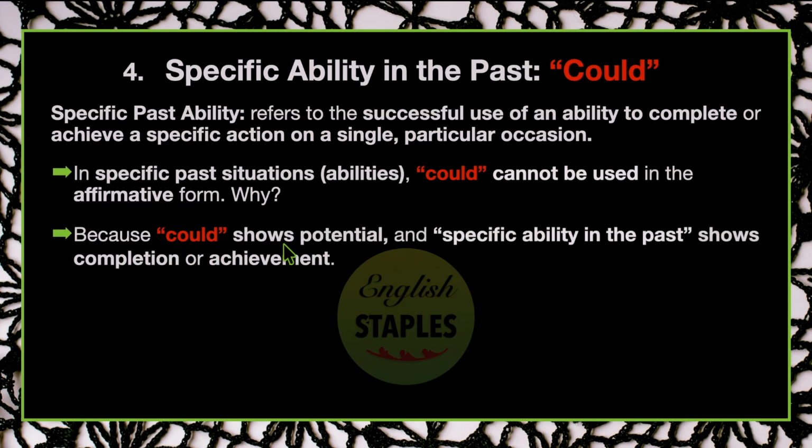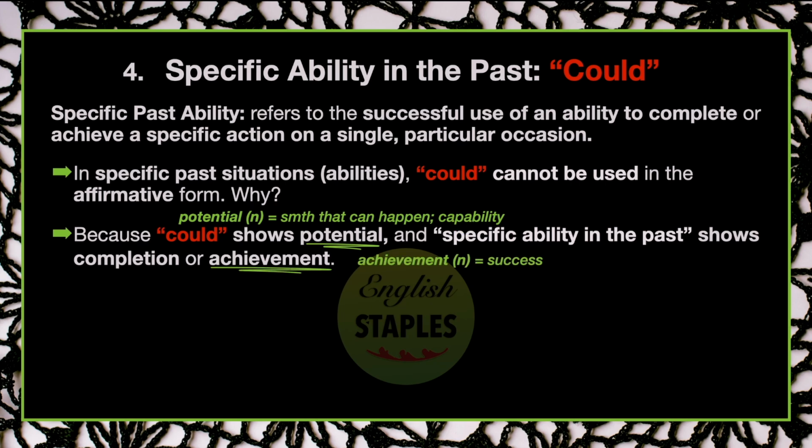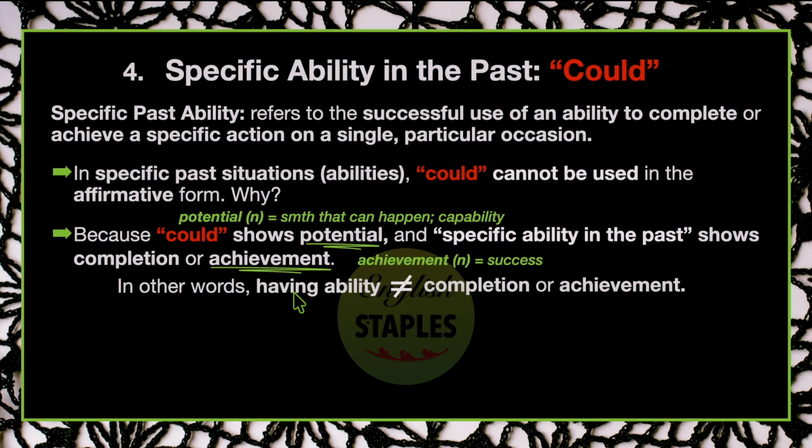Because could shows potential, and specific abilities in the past shows completion or achievement. Potential is a noun and it means something that can happen, or capability. Achievement is success. In other words, having ability does not equal completion or achievement.